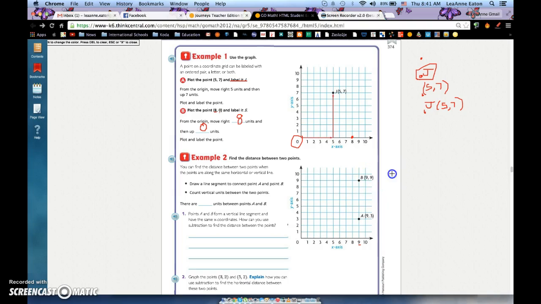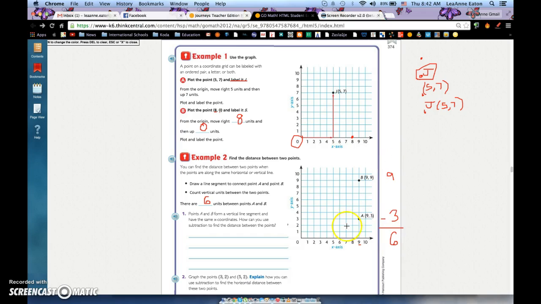So our y here is 9, and here our y is 3. So it's simply 9 minus 3, which is 6. And we can look: 1, 2, 3, 4, 5, 6.